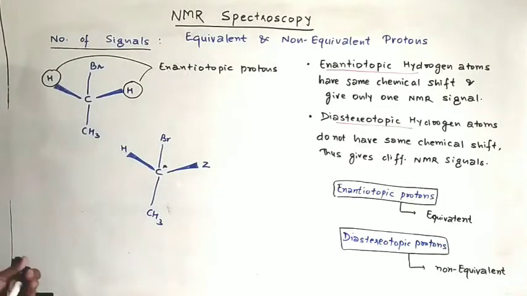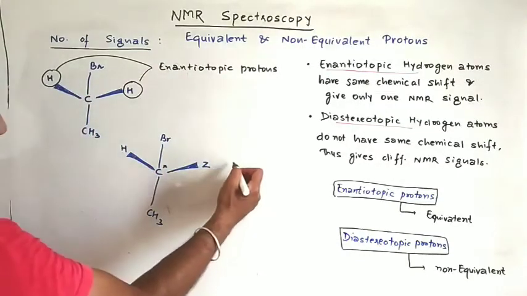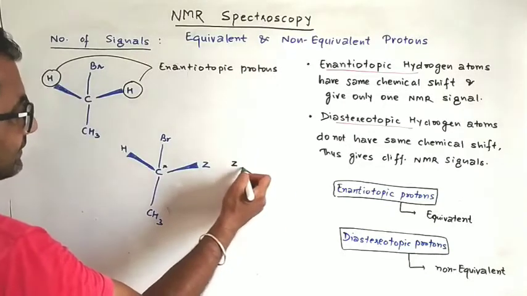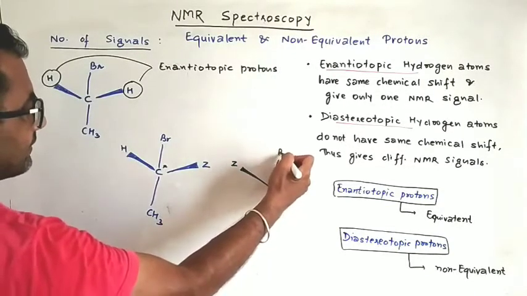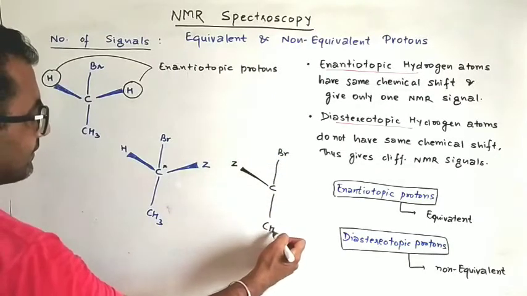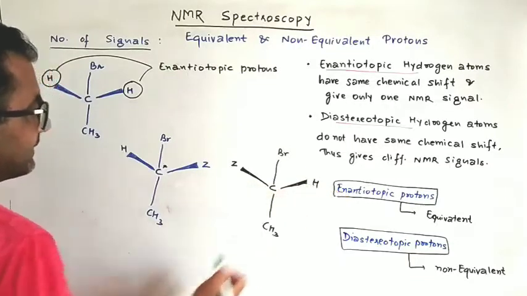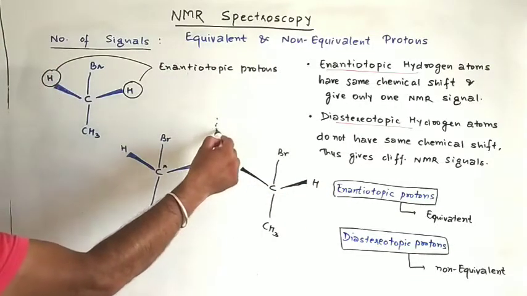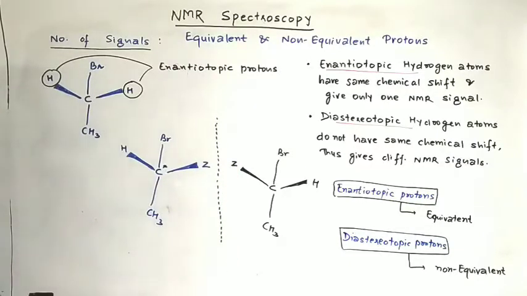Next, I am going to replace the other hydrogen by Z. Then we get Z, C here, Br, methyl, and hydrogen this side. So see, these two are non-superimposable mirror images. It means these two protons are enantiotopic protons because they give enantiomers.